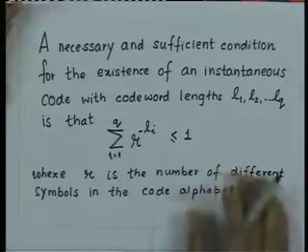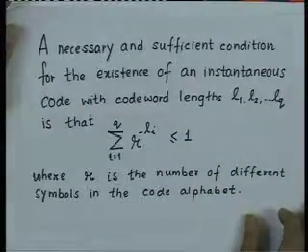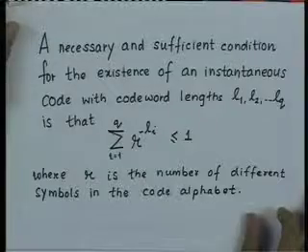Now, before we try to prove this Kraft inequality, it will be instructive to look at some examples and see how we might utilize this inequality to decide whether a given sequence of code word lengths can really form a code which is instantaneous.